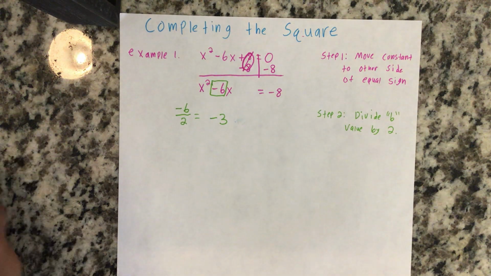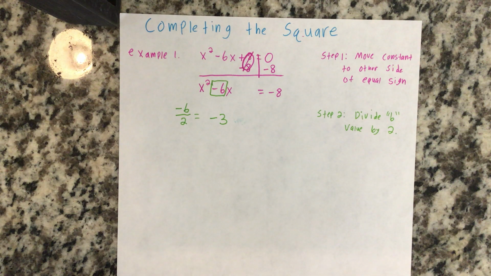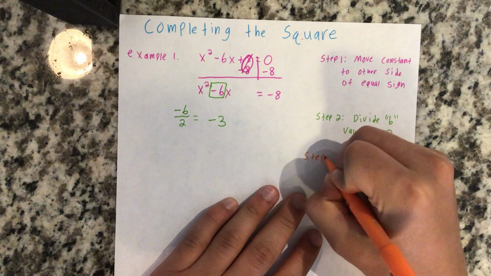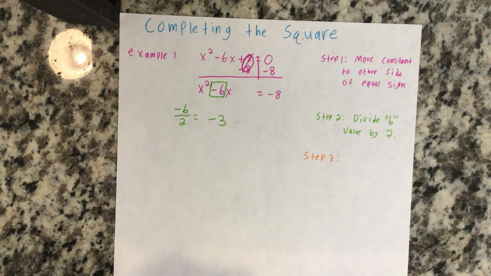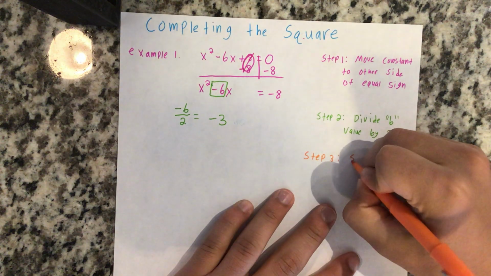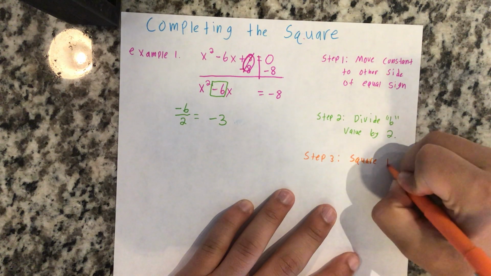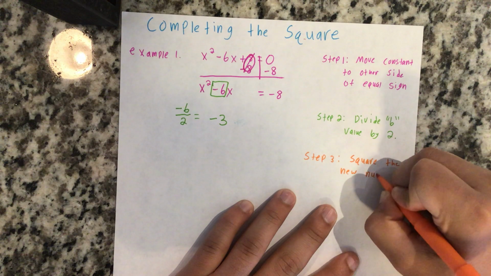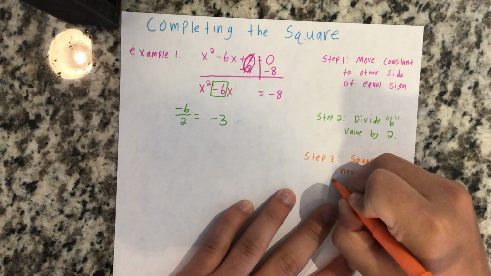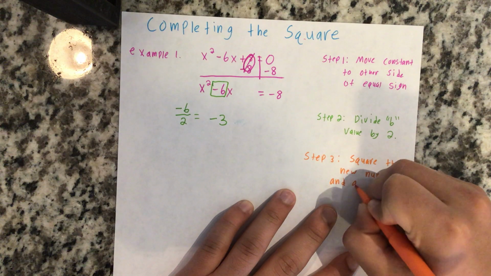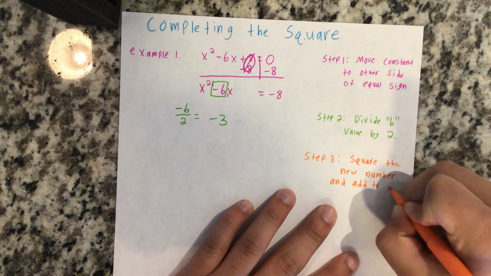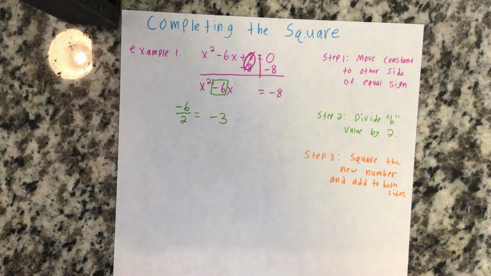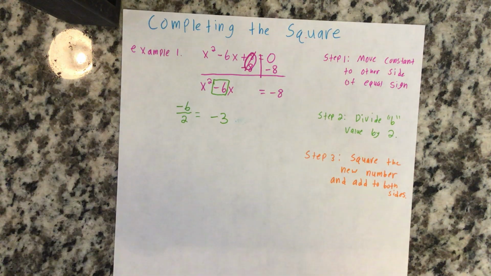Now, on to step 3. Okay, so step 3, this is the big one. We're going to square the new number we just got and add it to both sides.